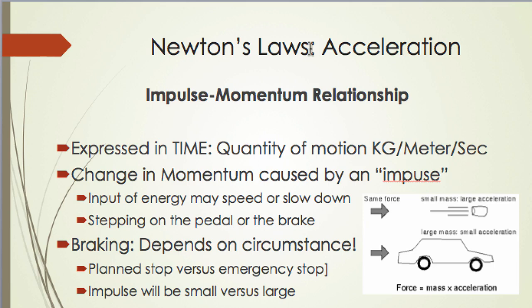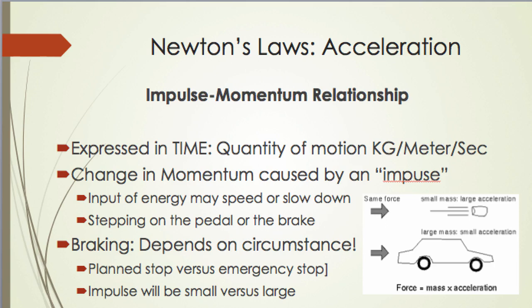So here, again, the impulse-momentum relationship is expressed in time. So the amount of time and the quantity, really the quantity of the force or impulse over a given time. So if we were driving 30 miles per hour and wanted to go to 0, we could probably do so in a couple of seconds.